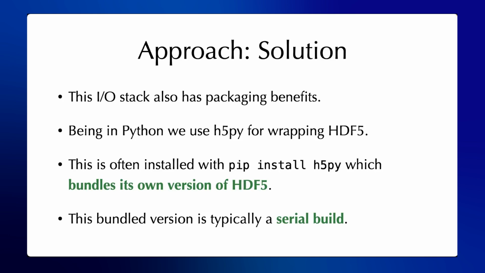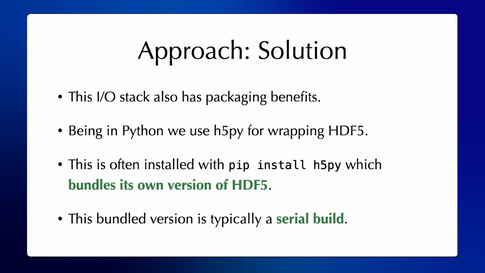That version is almost always serial. Previously, that would be a big deal because I would lose out on my parallel I/O for most of my users, unless they know to compile h5py from scratch against the vendor-provided parallel HDF5 library. No more, because I'm owning the I/O. I'm completely fine with a serial version of HDF5 because it's only being used to actually stub out the files on disk.